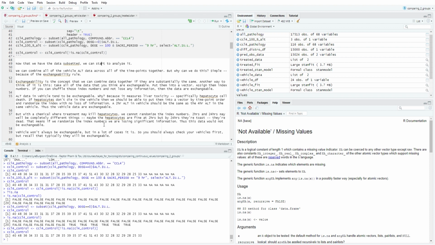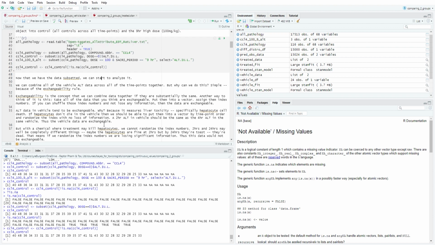With the vehicle data, I know, because this is ALT data, that vehicle should not be causing any toxicity. Based on the data I just looked at right here, these data all look like they're within the normal range. Because they're all within the normal range, these data are from different time points.